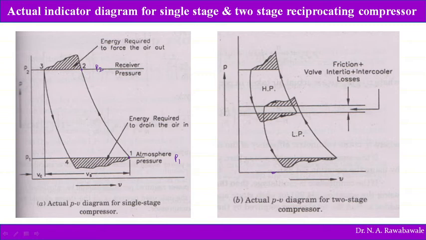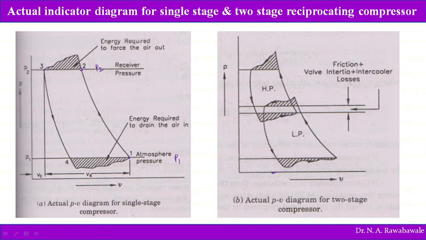At this pressure air will not be delivered to the reservoir, because the pressure in the reservoir and P2 will be the same, and fluid never flows from one place to another if the pressure is less or equal. Only if there is a pressure difference does the fluid flow.